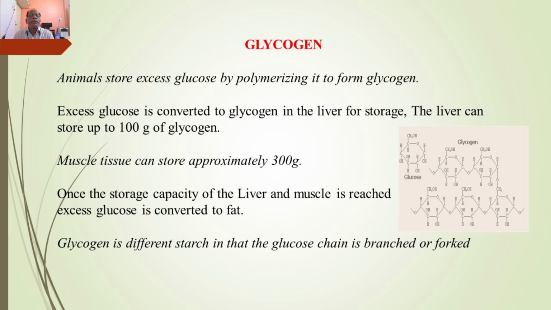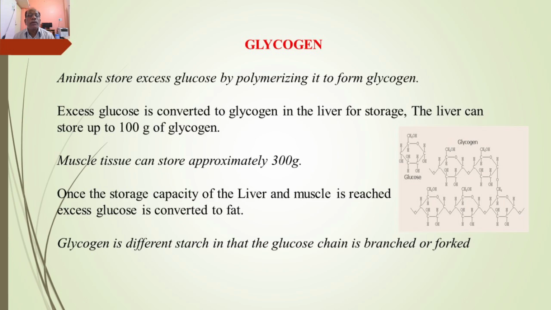Glycogen is formed by joining a large number of glucose molecules to form a linear chain or branched, forked chains of glucose molecules, forming a complex molecule of glycogen.